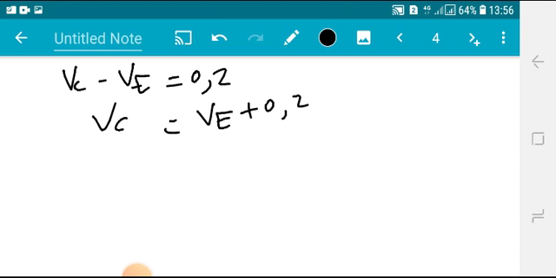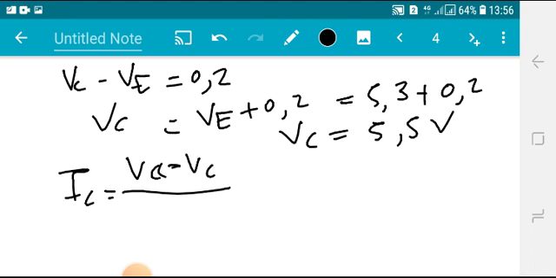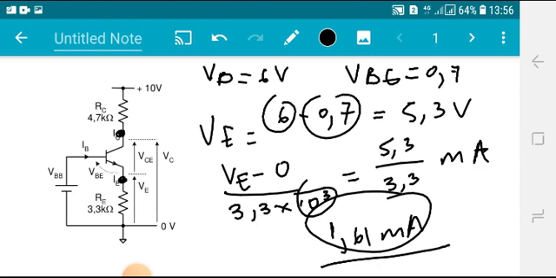So 5.3 plus 0.2, 5.5 volts is equal to my VC, and therefore my IC should be my power supply minus the nodal voltage, VCC minus VC over my resistor, 10 to the power 3. Just to visualize this in case you cannot follow along, this power supply minus this divided by the resistance should give me my IC.